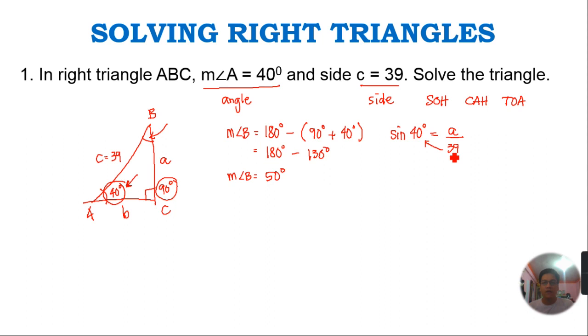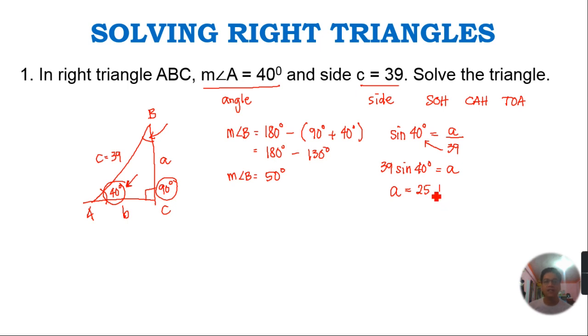So we multiply 39 times sine 40 degrees, and that is equal to A. Now, if we're going to solve this using our calculator, just type 39 times sine 40. No need to input the degrees. So our answer, if we use the calculator, is equal to 25, say, to 1 decimal place, 25.1. So the value of A is 25.1.